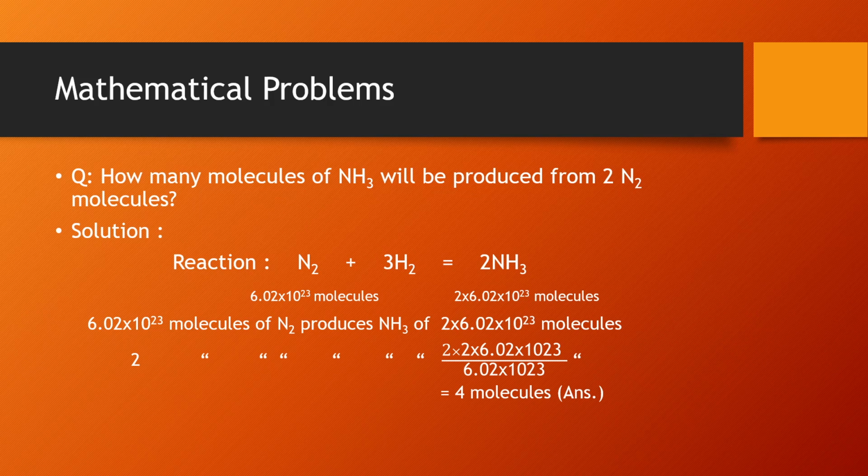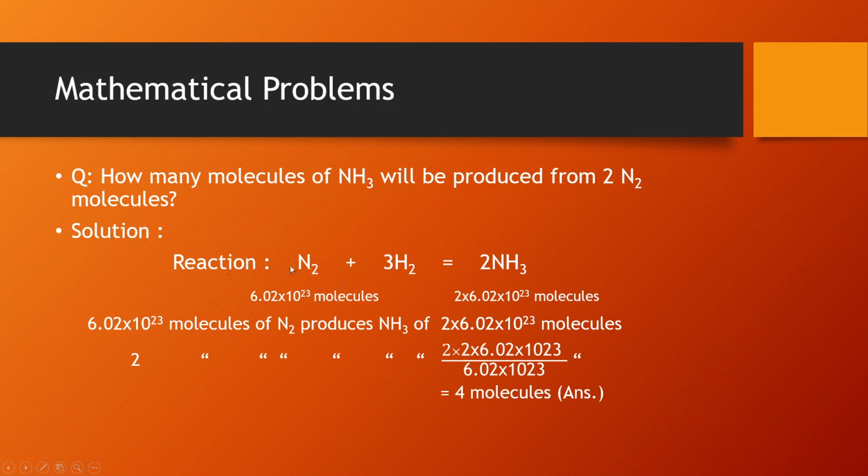Here we can see an example of ammonia. Nitrogen and hydrogen make ammonia and the reaction is balanced here. We all know that in a standard amount, the Avogadro number of molecules always participates in the reactions.